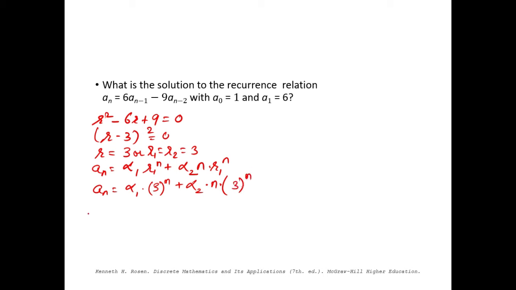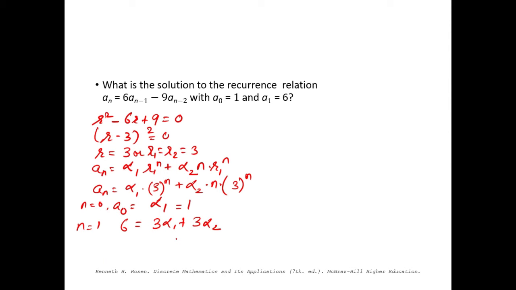Now using the initial conditions, at n equal to 0, we get a0 is equal to alpha 1 into 3 raised to 0, that is 1, plus alpha 2 into 0. So alpha 1 is equal to a0, which is equal to 1. At n equal to 1, we get 6 is equal to alpha 1 into 3 raised to 1, that is 3 alpha 1, plus alpha 2 into 1 into 3 raised to 1, that is 3 alpha 2.